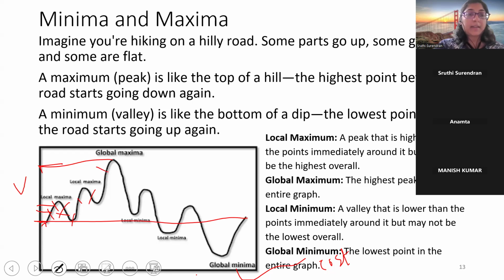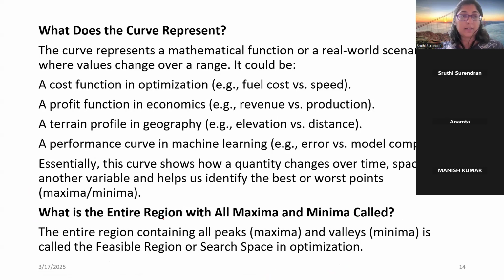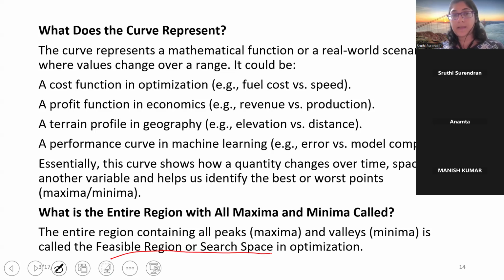So this entire region is of some values of speed. The curve is representing all those values that we can take, and also the cost can vary in between. And this region is called feasible region or search space in optimization.